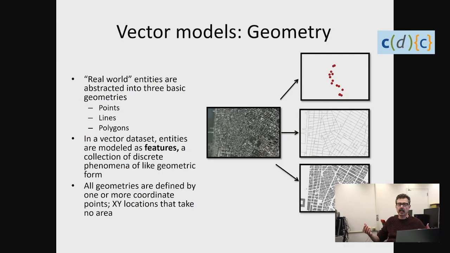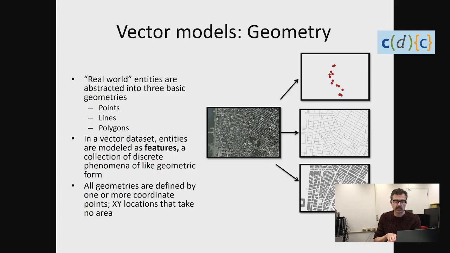Vector data, the most important thing to know is that the representation is at what we sometimes call the feature level. So in a vector data set, your data is encoded in such a way that it's seen as a collection of discrete phenomena, where the geometry is derived from one or more of these coordinate pairs. So a vector data set is basically a collection of discrete phenomena, which we usually call features.